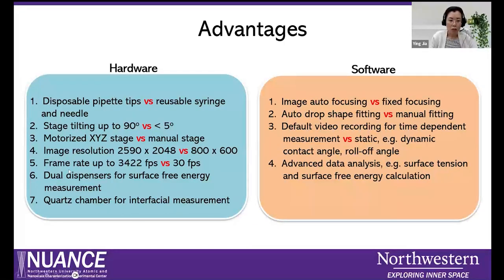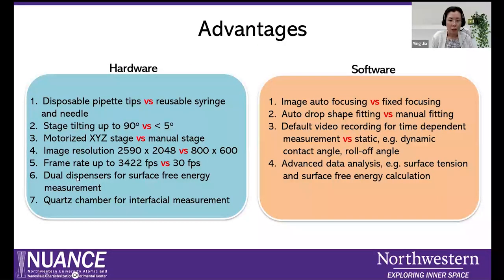We also include a video function, which has very high frame rates, because in some dynamic contact angle measurements, which you will see later, a high frame rate really makes a difference.